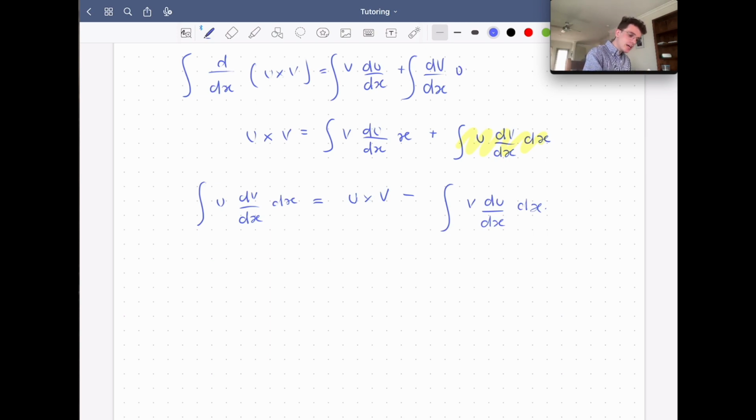Okay. So that is the long form of the integration by parts formula. Here we've got dv dx. Now, in shorthand, dv dx is v dash, so the integral of u v dash is equal to u times v minus the integral of v. Now, du dx is u dash. And that is our formula there.